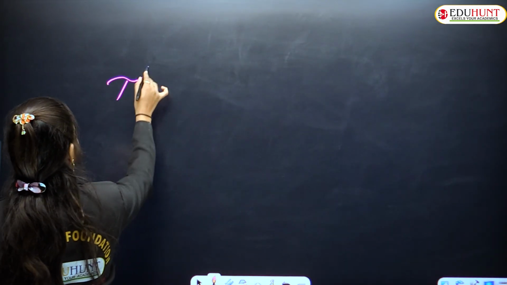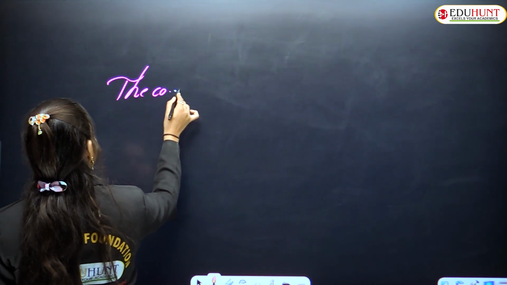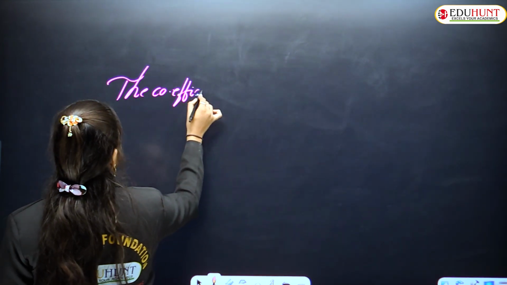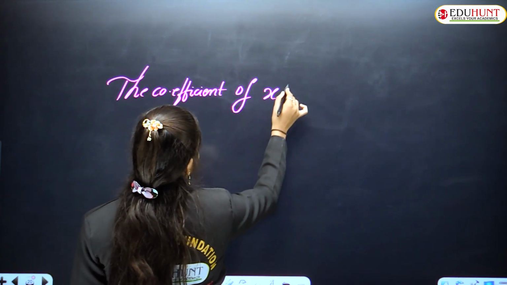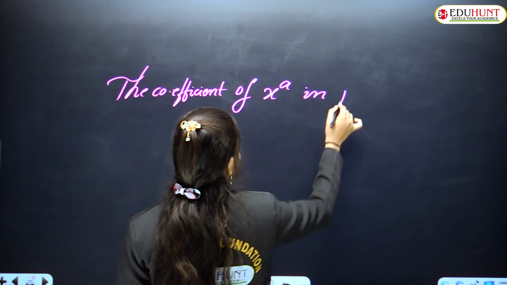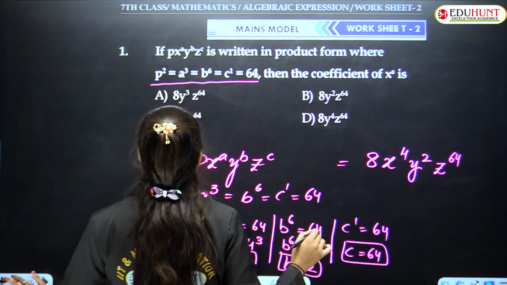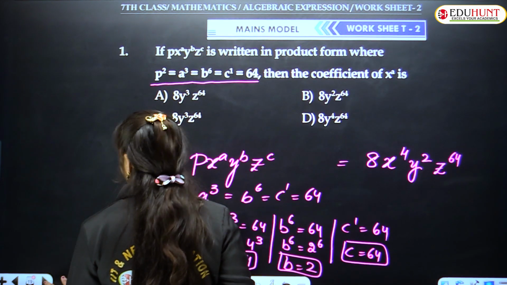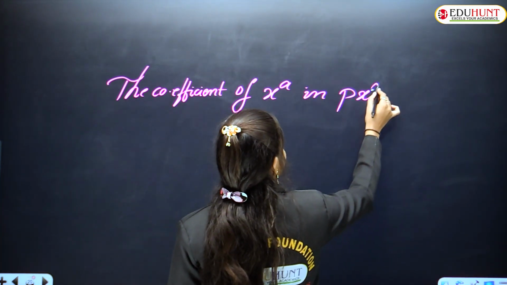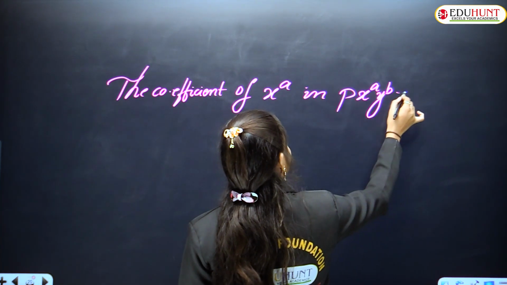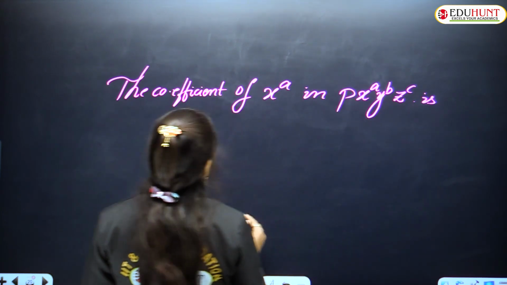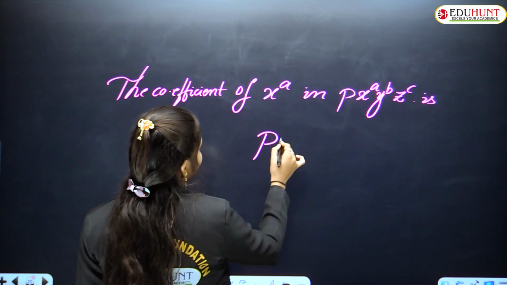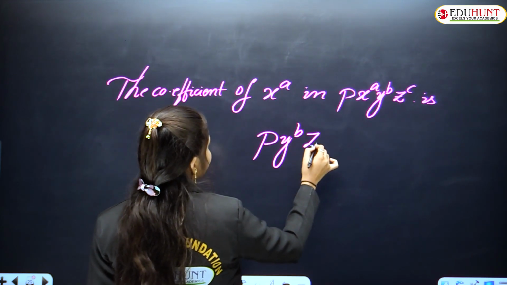The coefficient of x power a in p x power a, y power b, z power c is, okay, x power a, what is that coefficient? P y power b z power c.